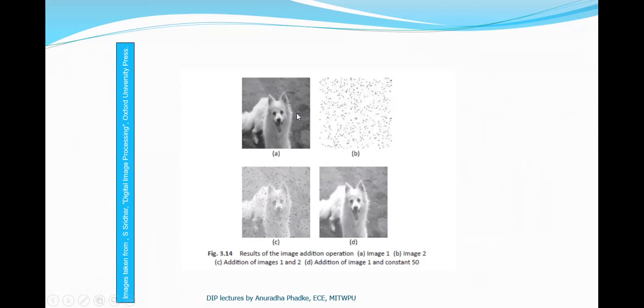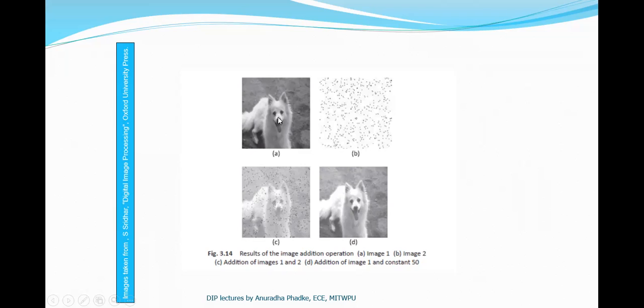Then if you add some constant, say constant 50, to the original image, you get the result shown in D. So this figure D is after adding a constant value K to the original image, and here K is considered as 50.